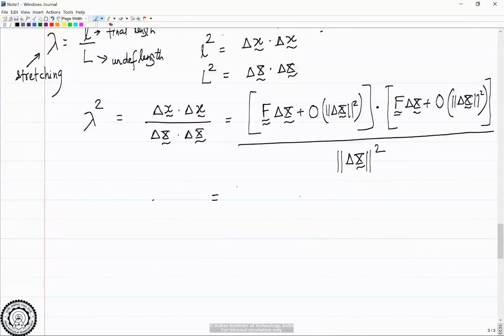So when I do that, I'll get the following: F delta capital X divided by magnitude of delta capital X. You see, how could I do it? Because I'm dividing by a scalar quantity, so I could very well bring it anywhere in the expression of F into delta capital X. And in this case, I have brought it below delta capital X itself.